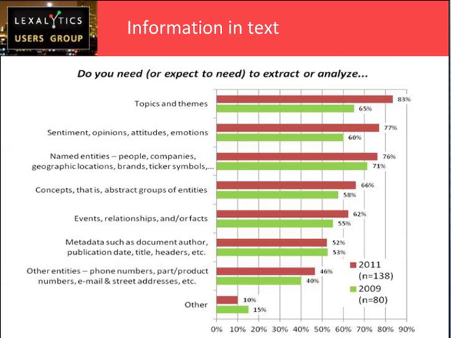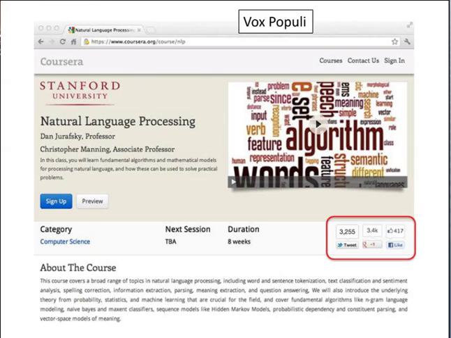So those were 3 slides from a market study I did. There are plenty of other market indicators out there. Here's another one for the techies, the Stanford NLP course that ran earlier this year. I put a red oval around the social shares here, 3,255 tweets, Facebook likes, G+, this being a nerdy audience who actually use Google+.